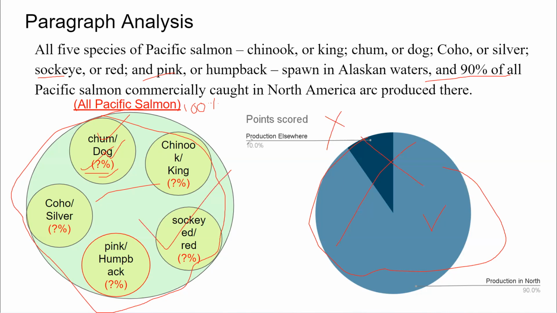That means we can neither judge whether the statement is false nor true. That means we have only one answer, and that is not given. Because the percentage of sockeye and pink salmon is not given, and in the absence of which we cannot judge accurately whether or not these were 90% numbers.